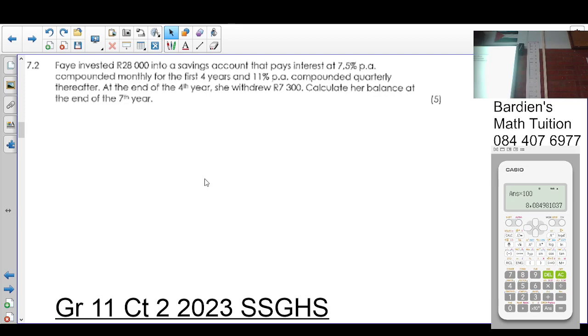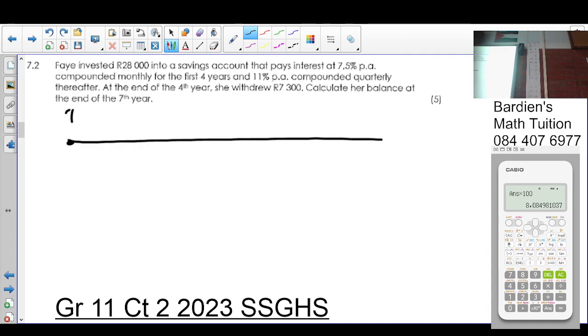So we are told that Faye invested 28,000 into a savings account that pays an interest of 7.5% per annum compounded monthly for the first 4 years. This looks like a timeline question, not so? Right, so let's go. T0, invest 28,000.